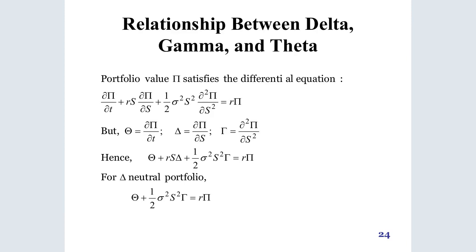Now, this is a relationship that is satisfied between the portfolio value, theta, delta, and gamma. So we've done delta, gamma, and theta, and we can use this relationship.